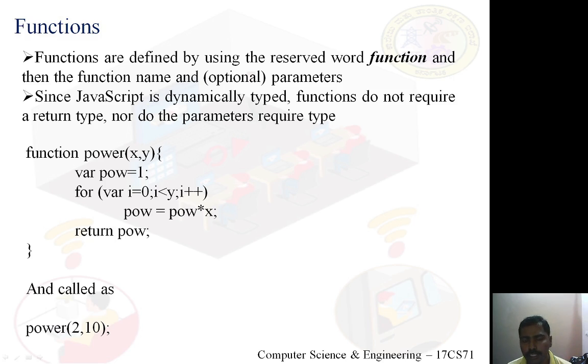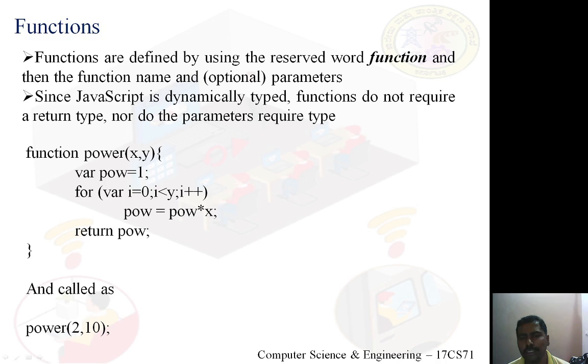But I said JavaScript is dynamically typed. There are no specific keywords like int, char, float, double, right? So here there is no return type. Rather than a return type, we just specify the function keyword, then the name of the function.